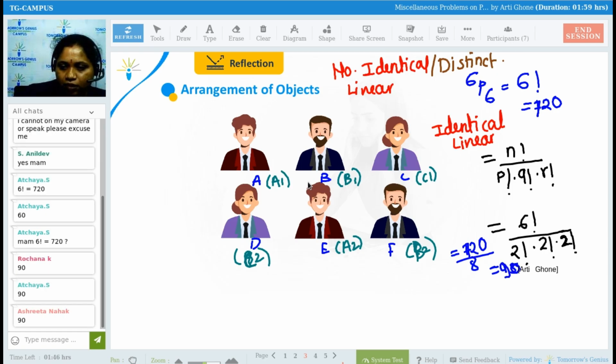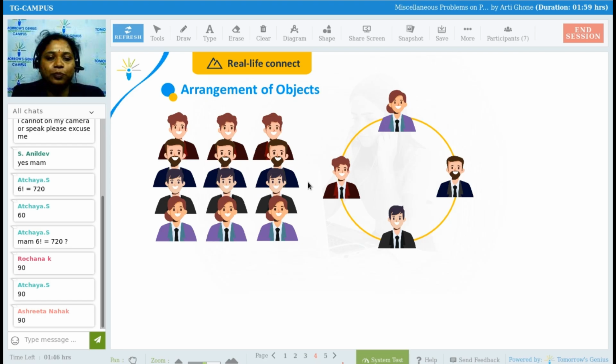Clear? This is not a big deal. Calculation is later on; we are going to see the simplest and fastest calculations. But the pattern is clear: when they are distinct, what will be followed, and when they are identical units, what will be followed in the linear permutation?